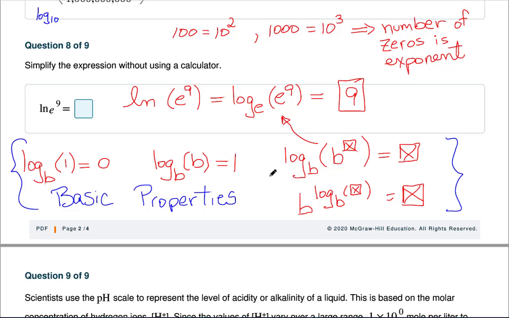And the item I just used, log b of b raised to something, I get it back. And again, that's true because b raised to that item is exactly b raised to that item. The last one here is a bit confusing looking, but is true, and I'll say more about that in section 4.4.